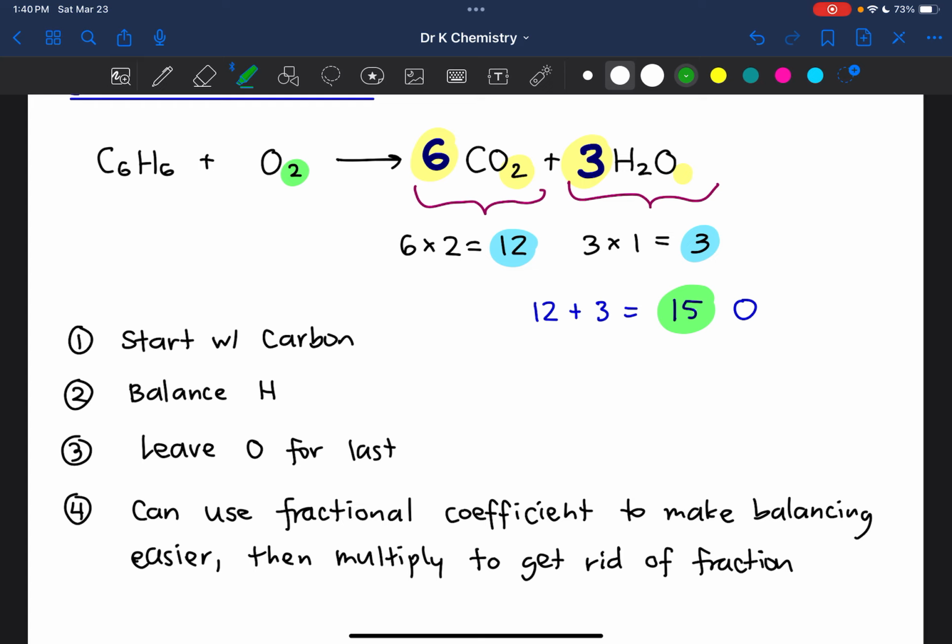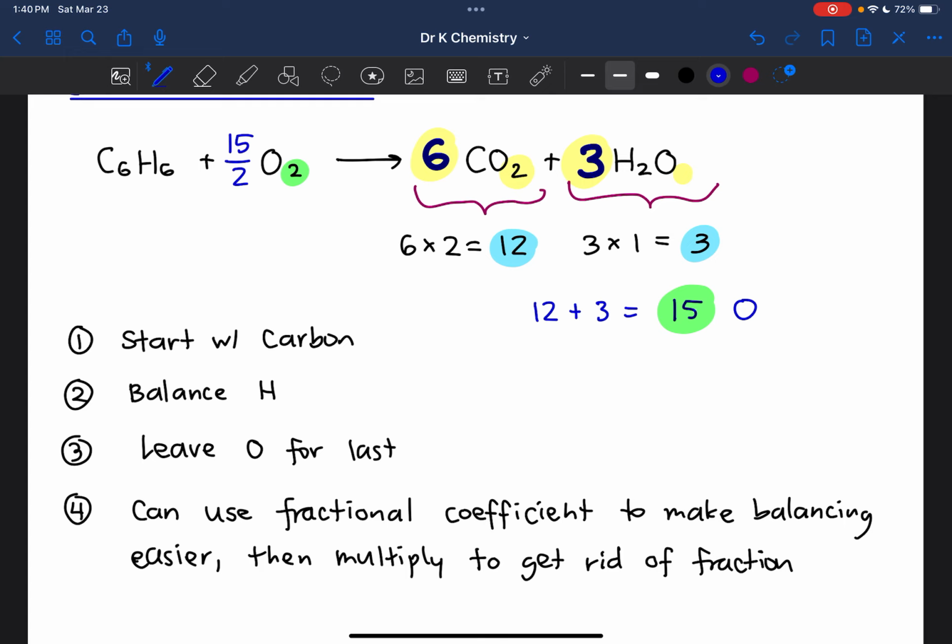And there's really no simple way to turn an even number into an odd number. And the way that we could do that, so if we wanted to turn 2 into 15, well, we could use a fractional coefficient. We could multiply this by 15 halves. And then the 2's would cancel out, and we would get 15 is equal to 15. So the only simple shortcut way that we can deal with that is by using a fractional coefficient of 15 halves.